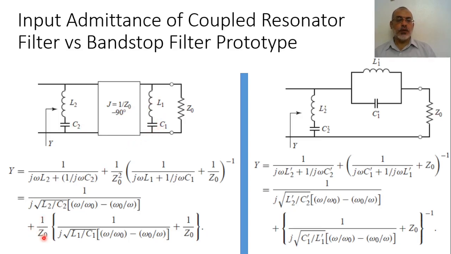Plus 1 over Z naught, multiplied by 1 over j square root of L1 over C1 times omega over omega naught minus omega naught over omega, plus 1 over Z naught. This should be to the power minus 1.